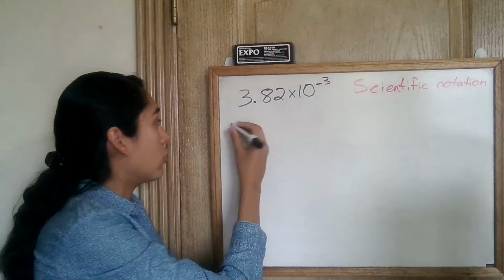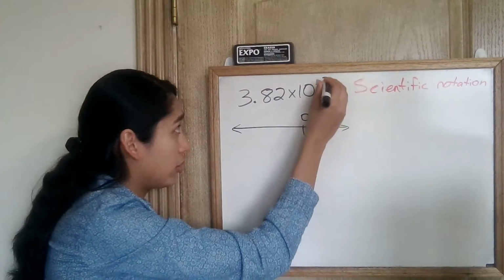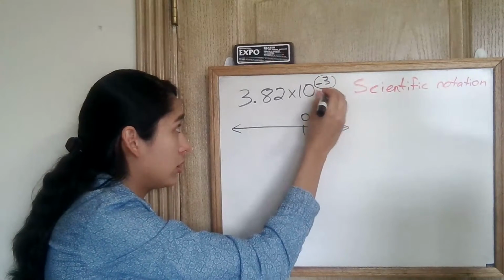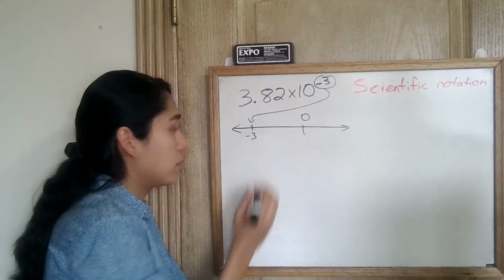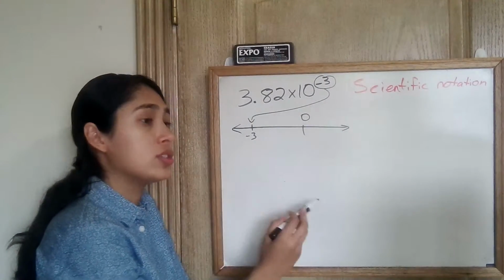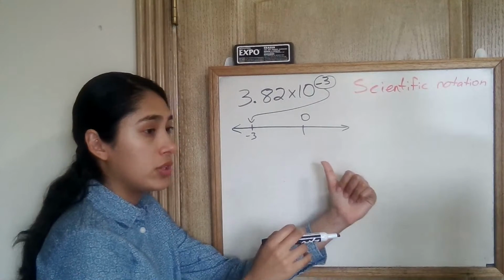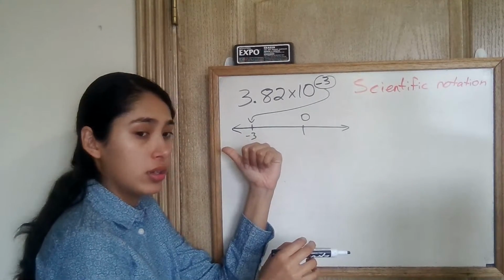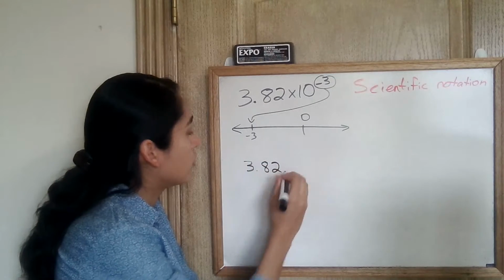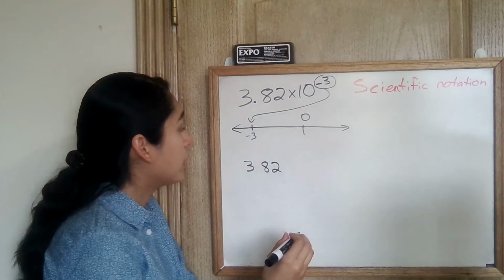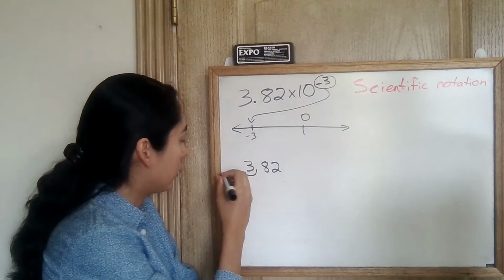Okay, so going back on our number line, we have 0. We're talking about this exponent. This exponent is to the left. It's 3 times to the left. So I'm going to move the decimal point this way. So I have 3.82, and I'm going to move it to the left. 1, 2, 3. Oops.